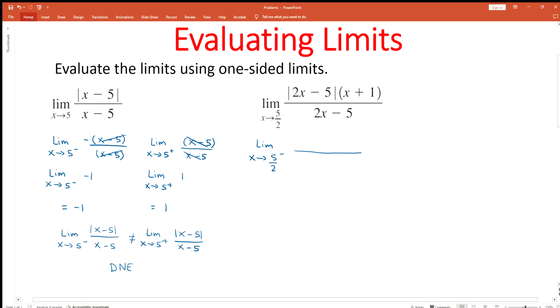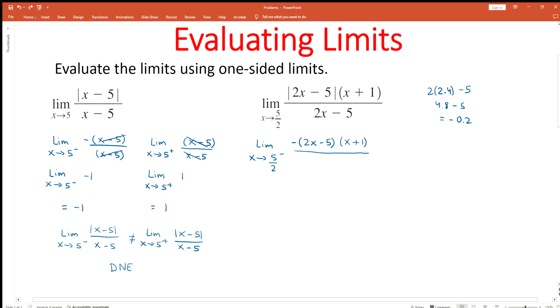If we sub in x as 2.4, we get a negative value for the expression 2x minus 5. So we can get rid of the absolute value function by putting a negative sign outside 2x minus 5, and we put it in parentheses and get rid of the absolute value function.